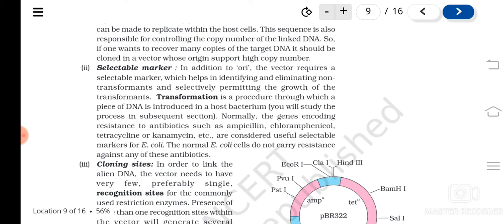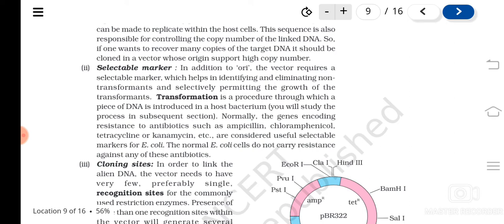A selectable marker helps in identifying and eliminating non-transformants. What are non-transformants? Even though we do all these experiments, it is not certain that the gene of our interest is successfully added in all the DNA.